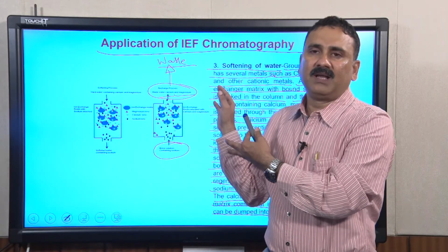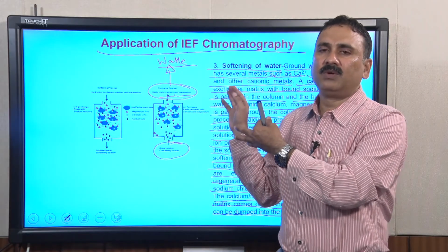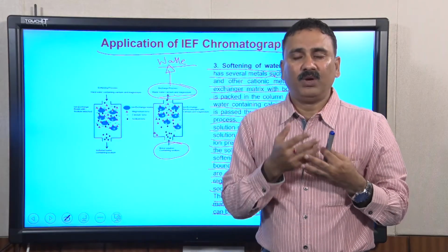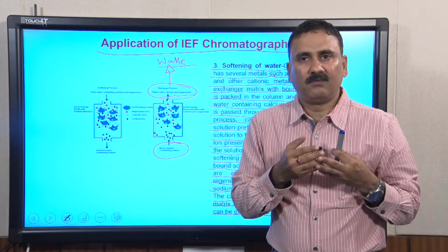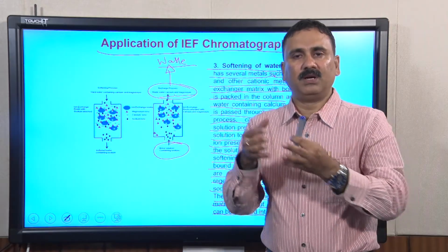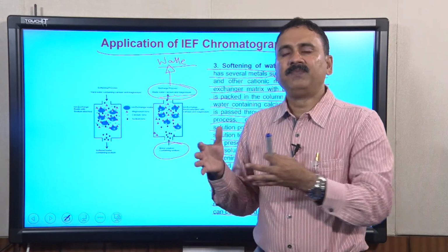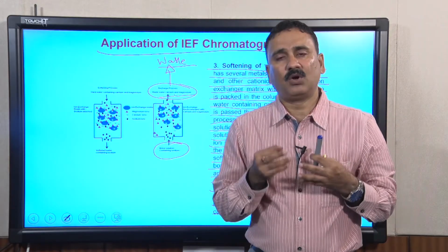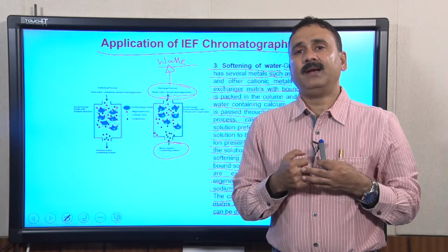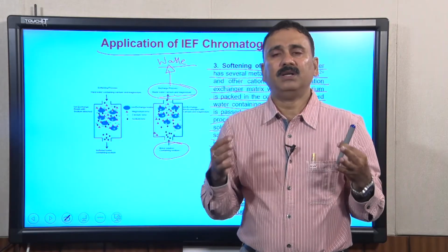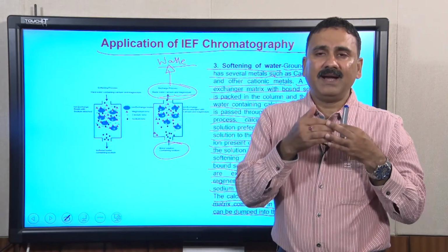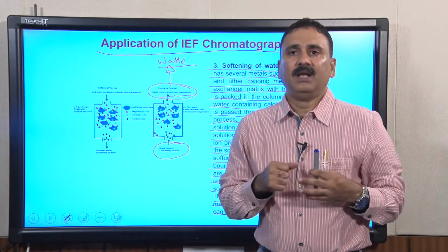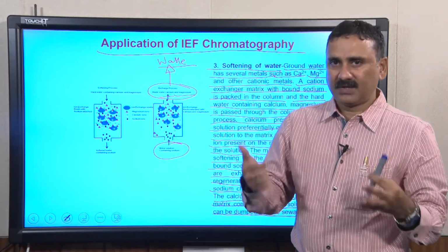We have also taken one example of daily use, where you can use ion exchange chromatography to purify water and make hard water into clean water, and you can remove the contaminating metals, because all these metals are toxic for human beings. So, this is all about ion exchange chromatography and its application in biotechnology-related processes. Now, let us move on to the next chromatography.